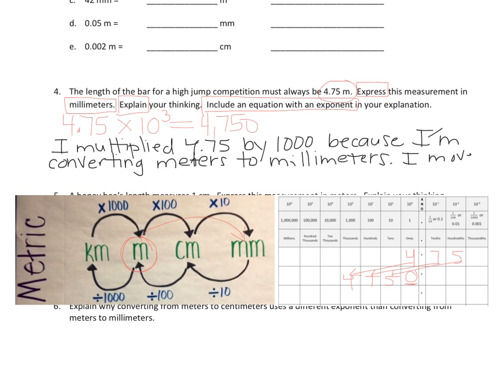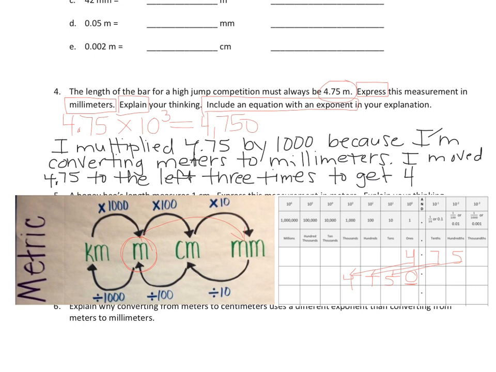I moved 4 and 75 hundredths to the left 3 times to get 4,750. Period.